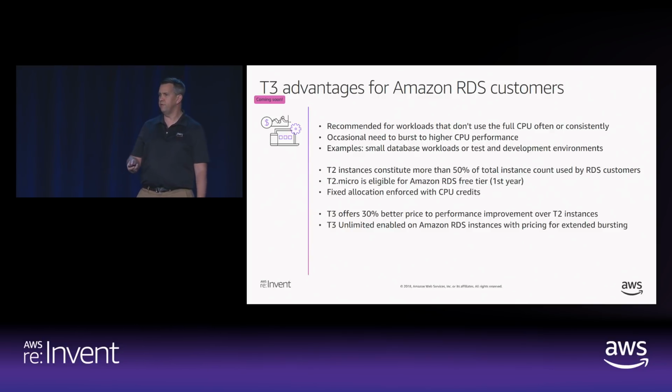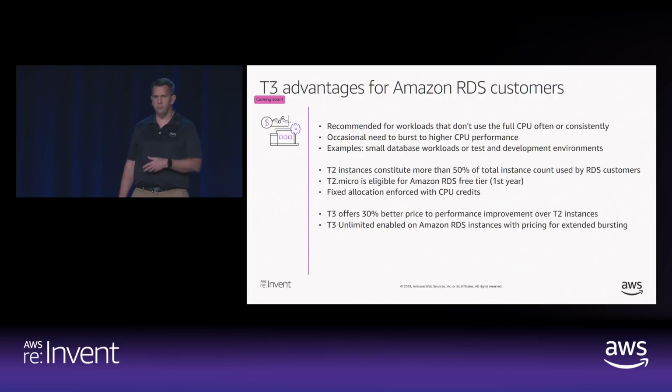Now, with T3 and with T3 Unlimited, you have the option to burst for higher CPU performance. So we still offer the same underlying burst credits. So great for if you want to spin up a database for test and development environments, you want to try something out. So really great for this series.